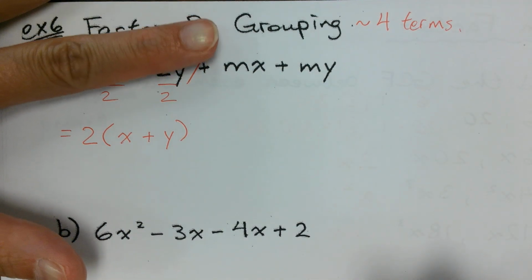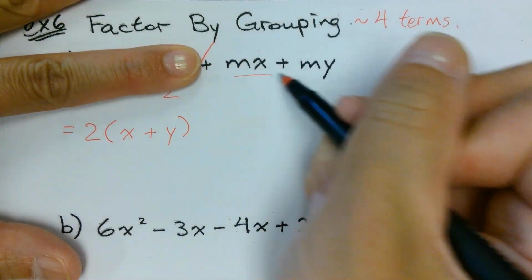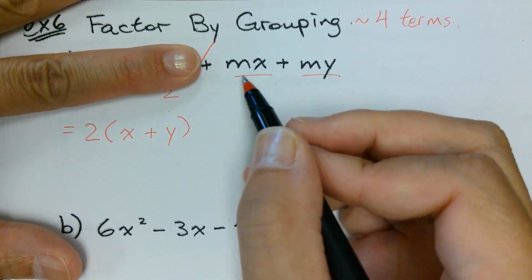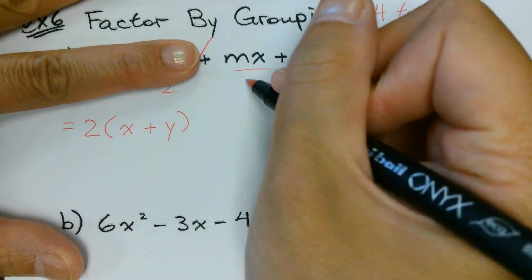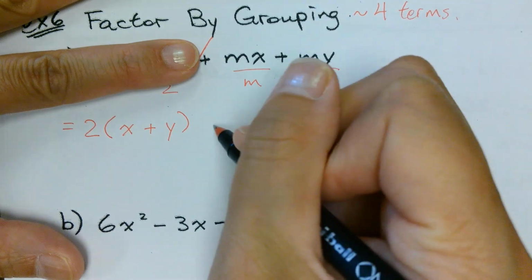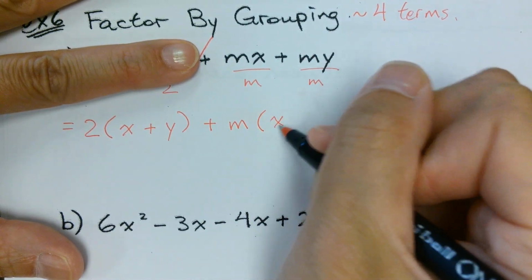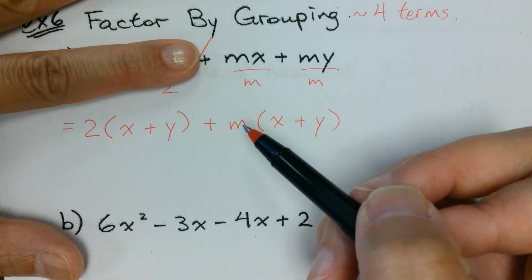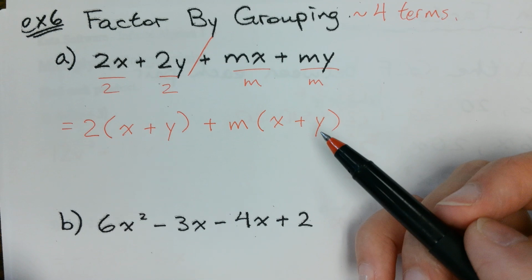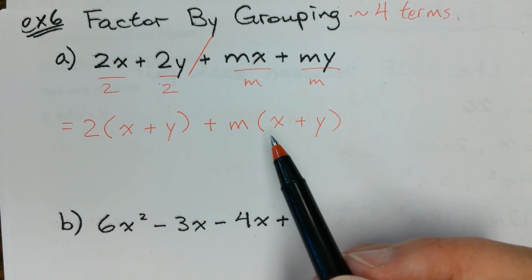Okay. What about the second 2 terms? What can I take out in these 2 terms? What's common in these 2? M. So then plus m, and then x plus y. Right? I factor out the m, and what's left? X plus y. Now doesn't this look like example 5?